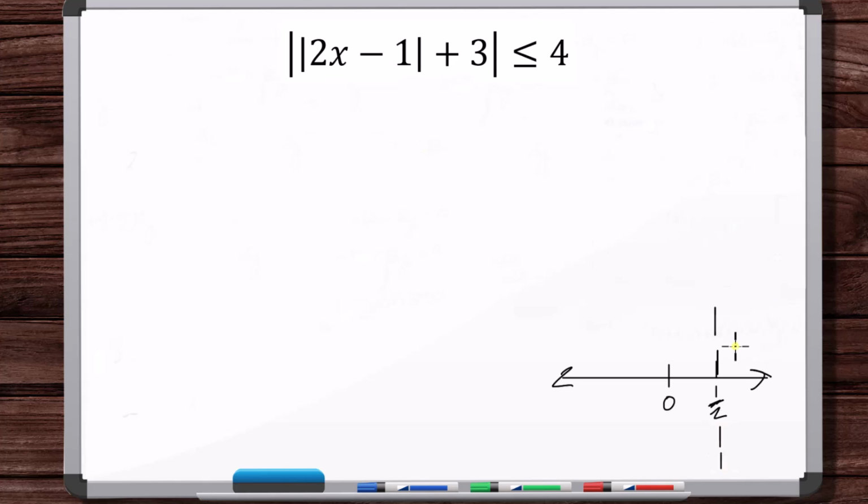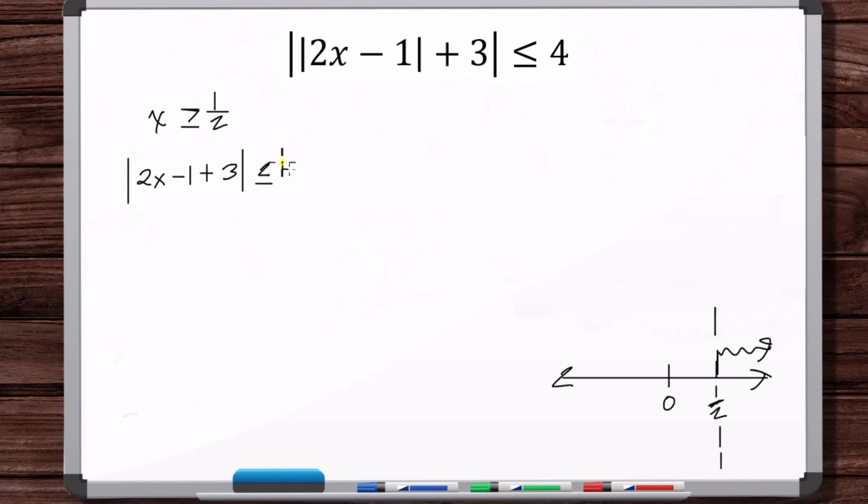If x is greater than or equal to 1/2, then 2x minus 1 is going to be positive or 0, so we can just remove the absolute value around the 2x minus 1.